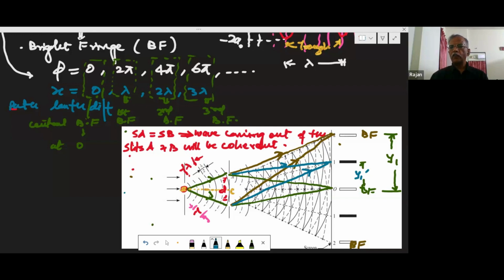Got it? Similarly, we can have the second bright fringe represented by y2, on both sides of the screen, and for the second dark fringe we'll get y2 dashed. We can calculate y1 dashed, or y2 dashed, or in general yn and yn dashed. Very easy to calculate. That we'll see next. First, you note it down.